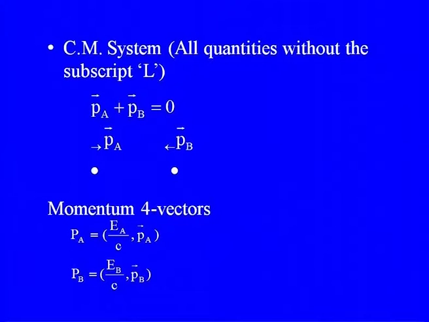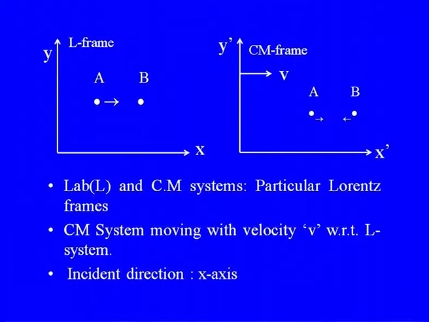So the 4 momentum PA, the 0th component, we know that's EA by C. Again, all quantities in the center of mass system, and then the 3 vector, that's PA, and then for the capital PB, that's the 4 momentum for the particle B, that's EB by C, and then it's got a 3 momentum PB. Okay. So how are they related with each other?